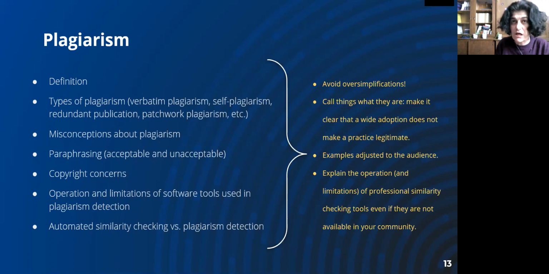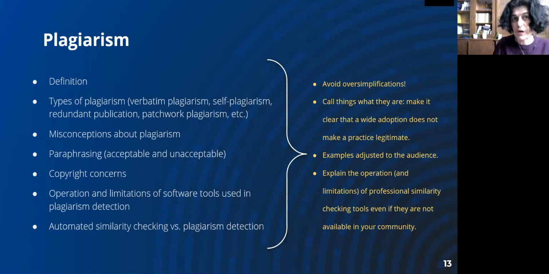Some faculties are subscribed to Ephorus. Publishers are subscribed to Authenticate. For some of them, it's too expensive. So I usually have many questions regarding the tools, because people don't have access to them and they don't know how they operate. And I usually try to explain in great detail the limitations of these software tools.